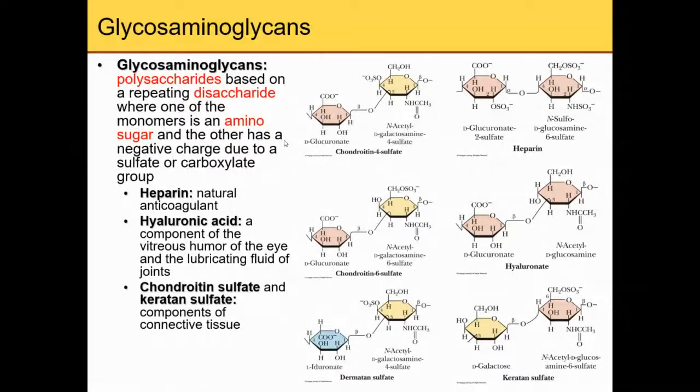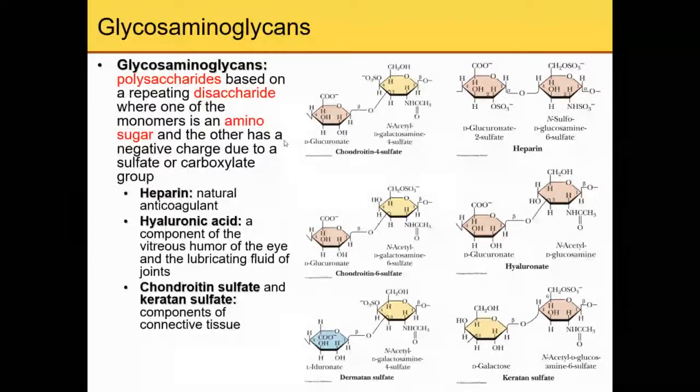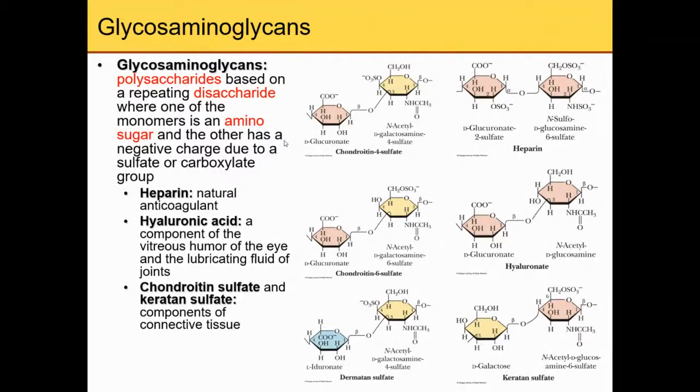So the glycosaminoglycan, which is a polysaccharide based on a repeating disaccharide, where one of the monomers is an amino sugar and the other has a negative charge due to a sulfate or carboxylate group. Okay, this is heparin. Heparin is a natural anticoagulant.